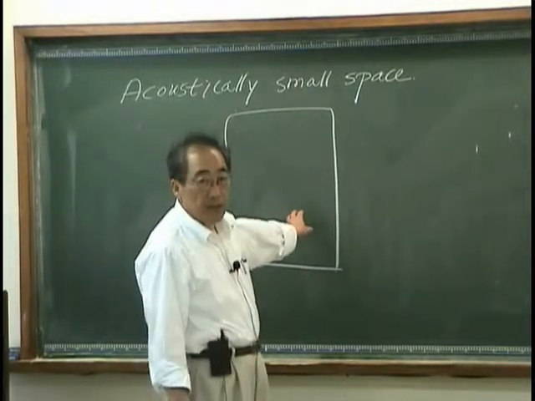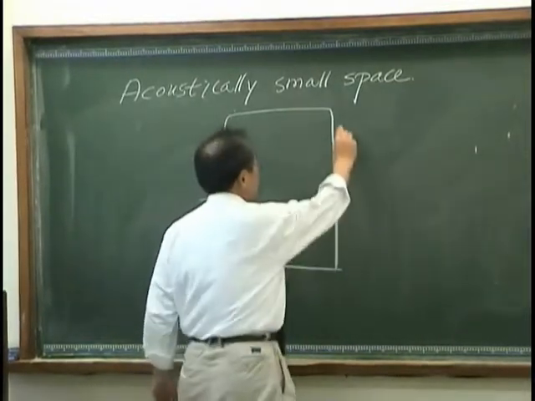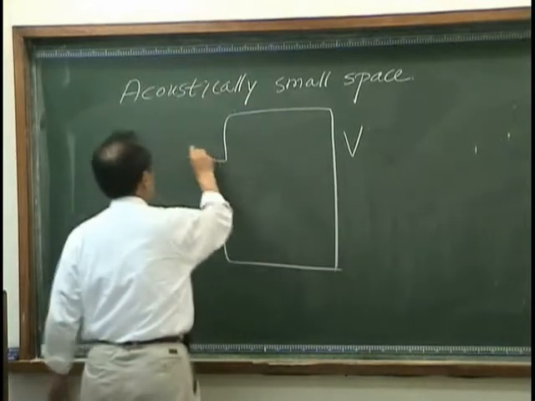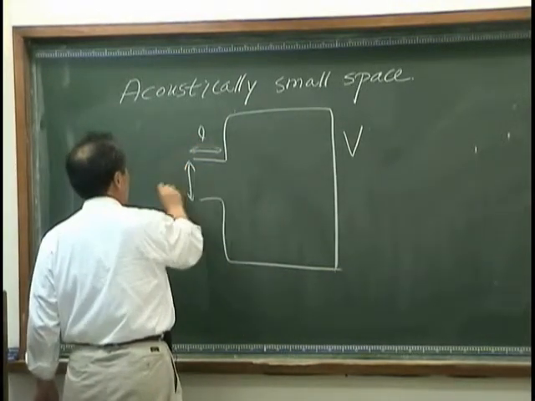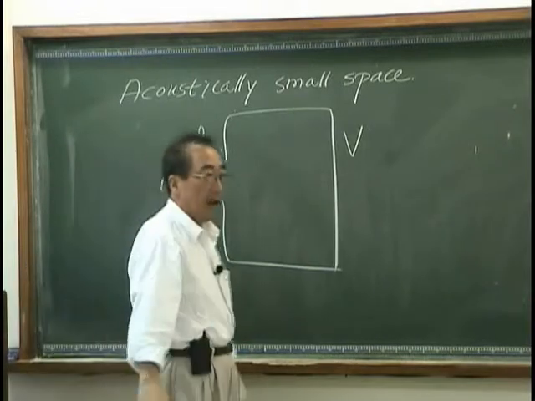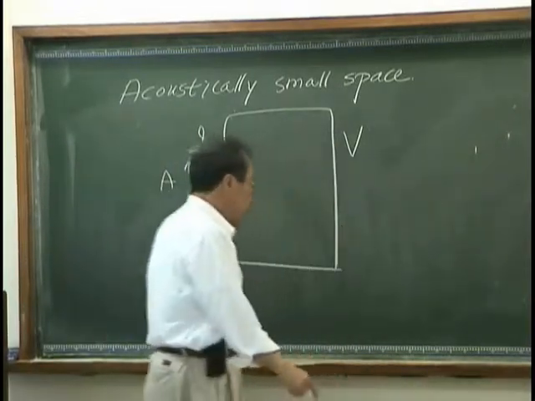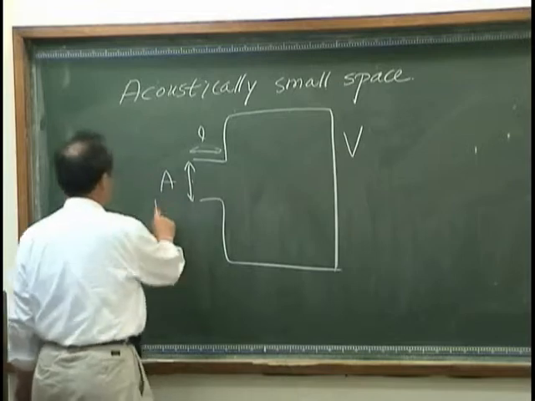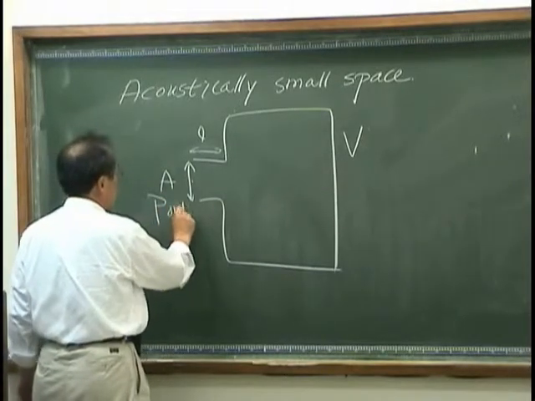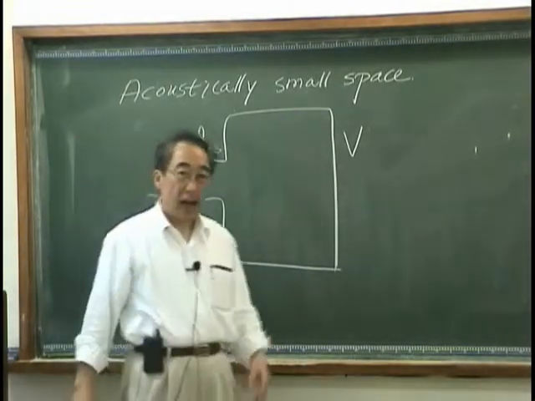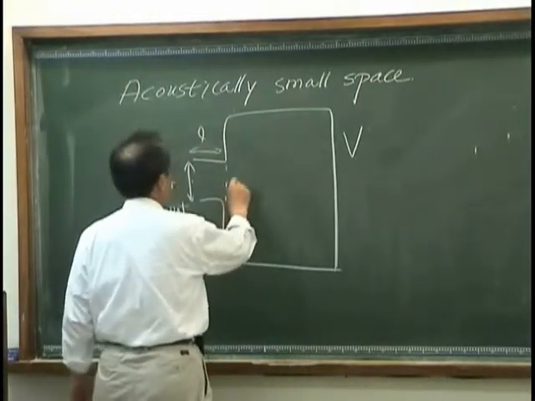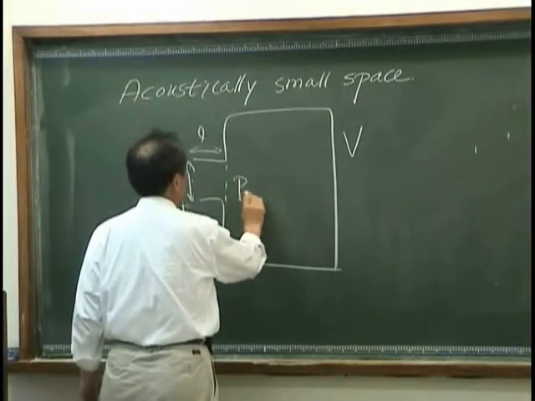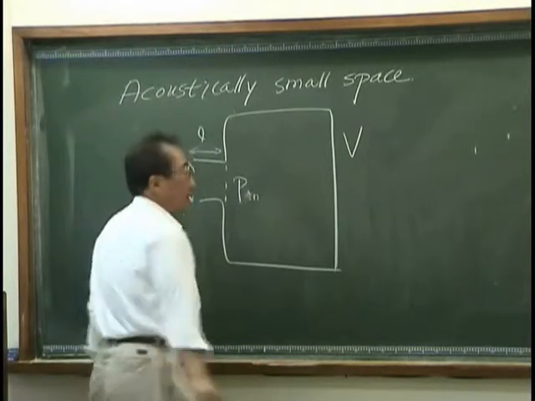Suppose I have a vessel that has a volume V, and this neck has a length L and the area is A. And when I excite it, let's call this the pressure at the outside of the neck, and this the pressure inside of the neck.